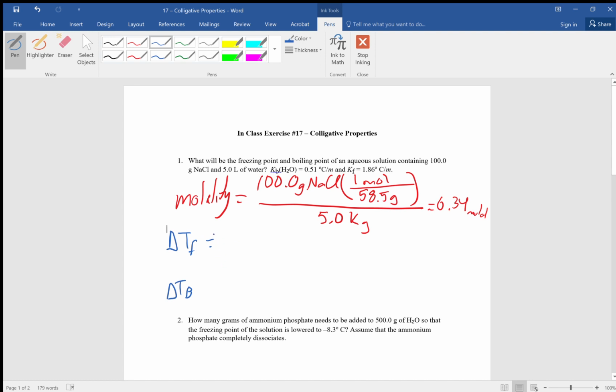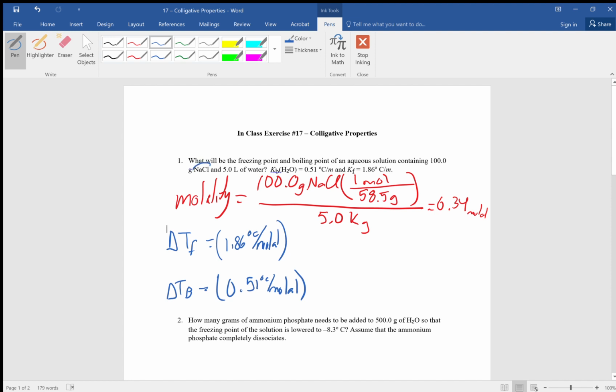In each case, we use the appropriate constant, so that's Kf for the freezing point, and for boiling point, that's the Kb. We need to multiply those by the Van Hoff factor, remember the number of ions.